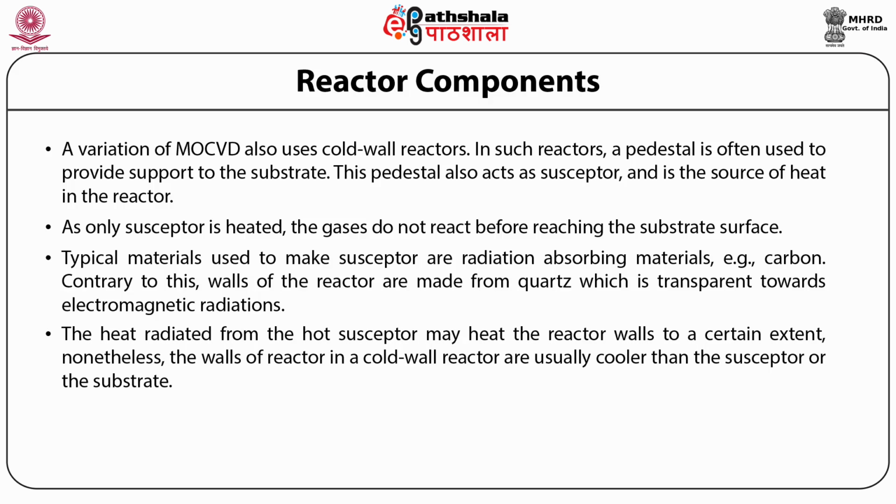The heat radiated from the hot susceptor may heat the reactor walls to a certain extent. Nonetheless, the walls of the reactor in a cold wall reactor are usually cooler than the susceptor or the substrate.